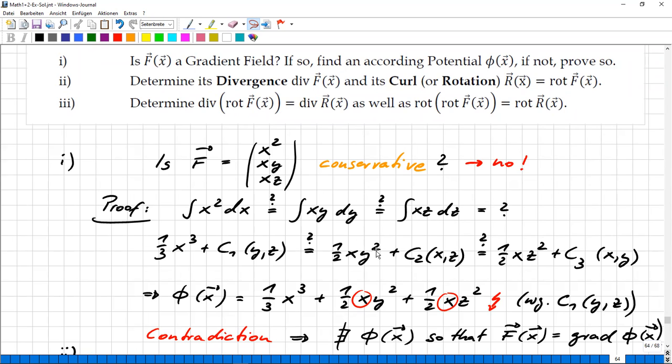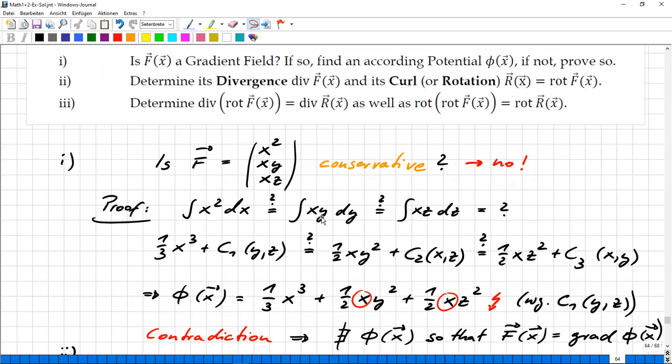And for the same reason as before, I must allow for another integration constant, which this time, constant in quotation marks, may depend on x and z, but it must not depend on y. So it must be independent from y. Check it: you just take the partial derivative for y, this disappears, this one gets you 2/2 xy, so it's x times y in the end.